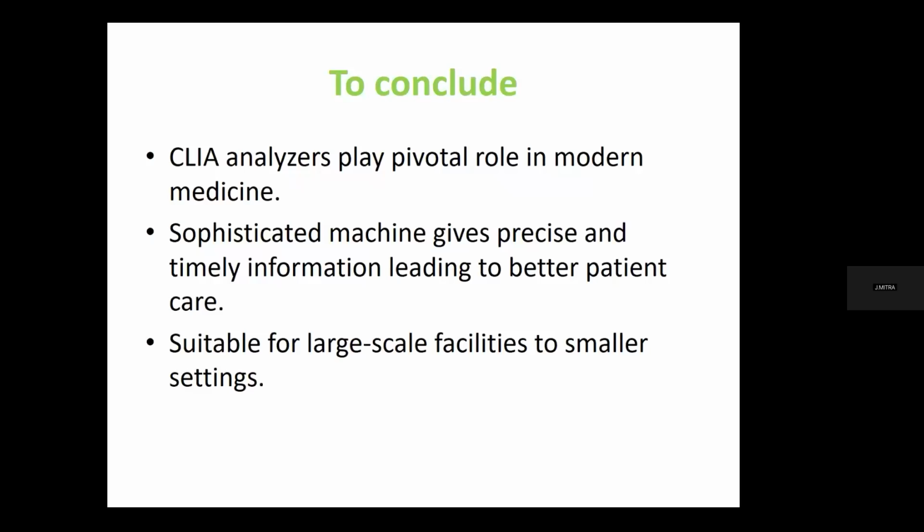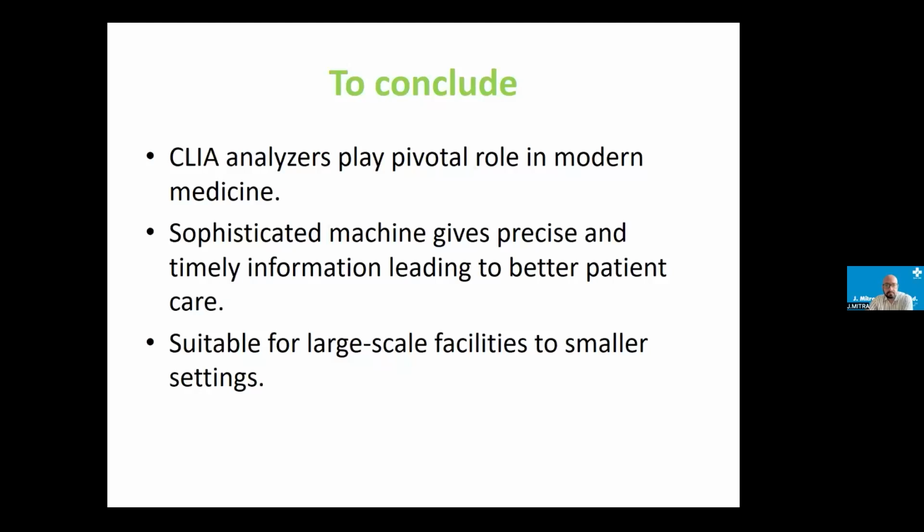It is a very sophisticated machine that gives precise and timely information, and ultimately it leads to better patient outcomes. And there are lots of machines available in the market. Some are suitable for small scale facilities, and some for larger scale facilities.